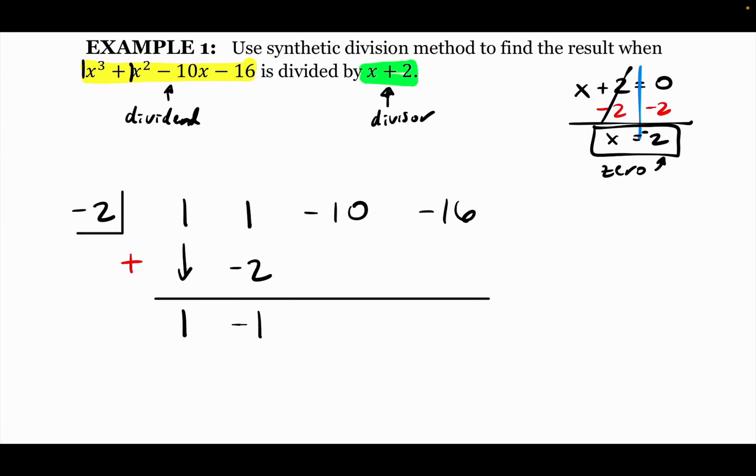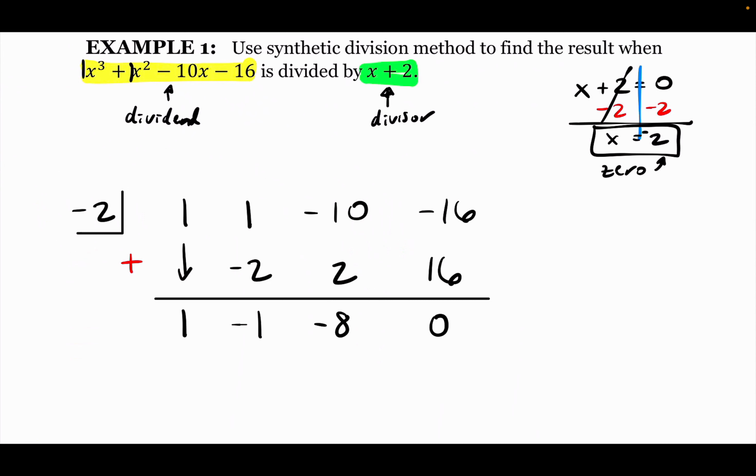What's -1 times -2? +2. Put that here. Then add straight down: -10 plus 2 is -8. Keep doing it until you're done. -8 times -2, then add straight down. What do I get? 0.